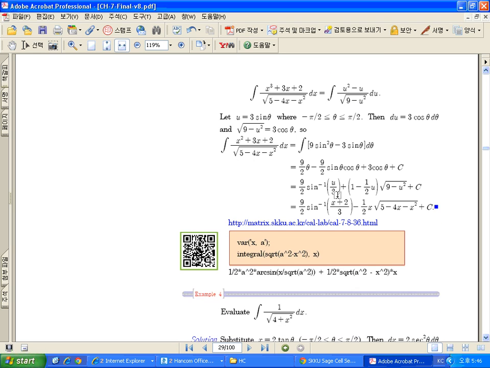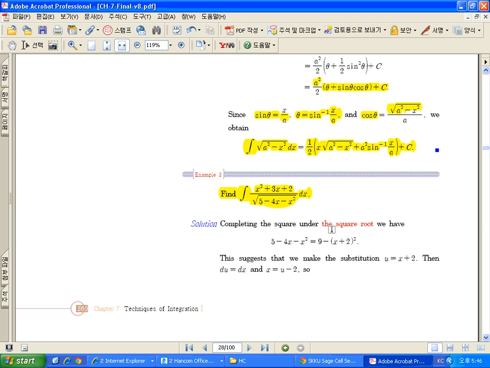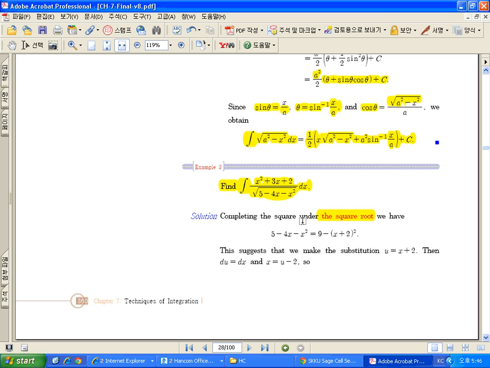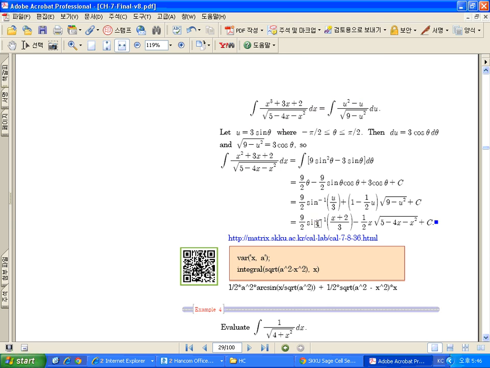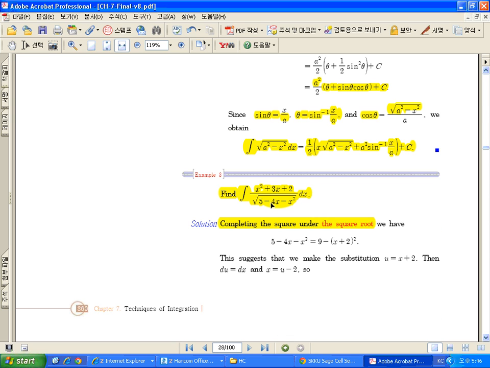For this type of integral, we want to do completing the square on the square root. So if we have a form like this, you do completing the square first, then substitute u equal to x plus 2.